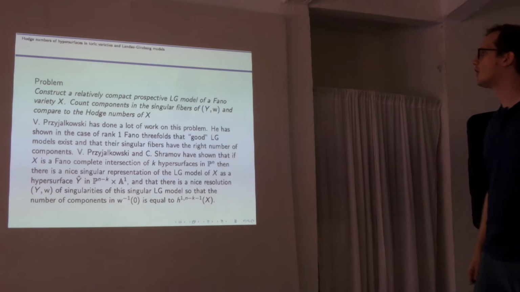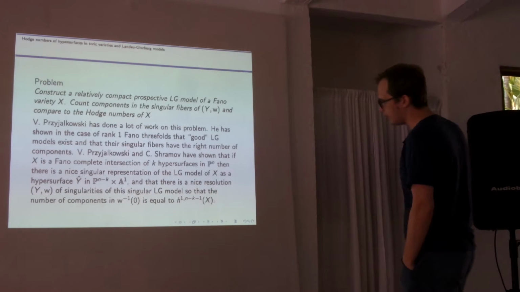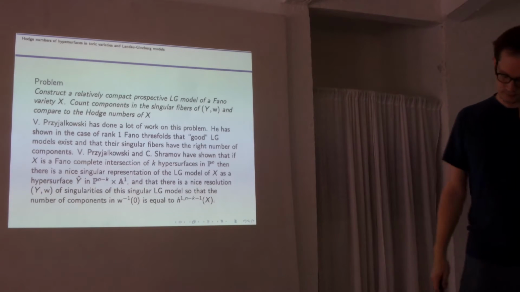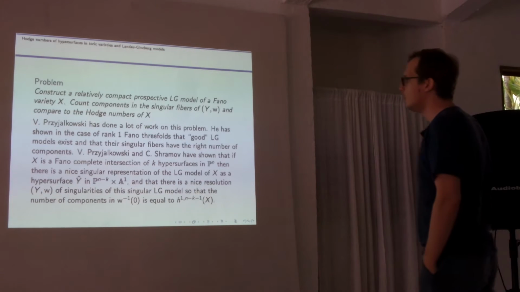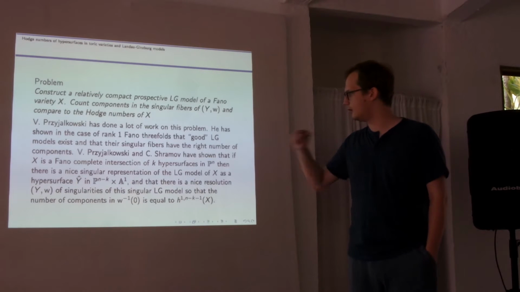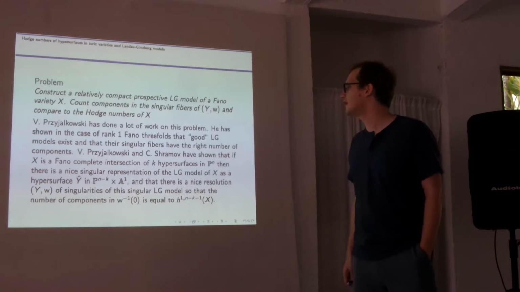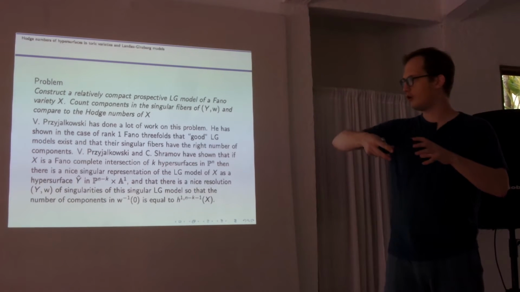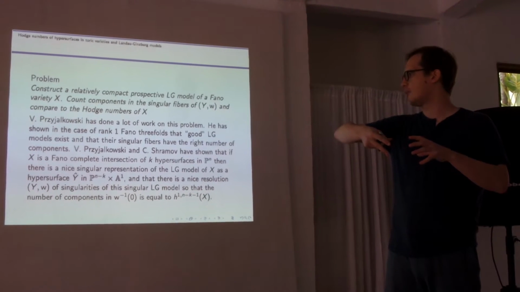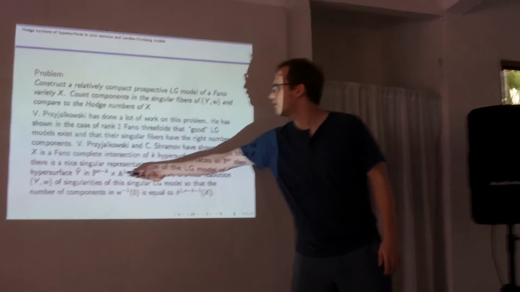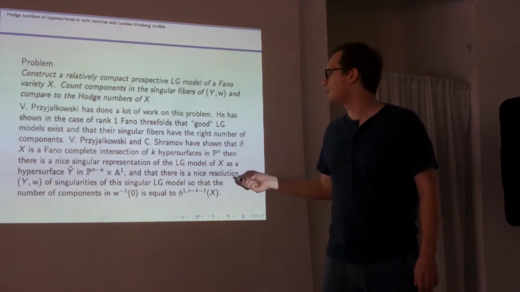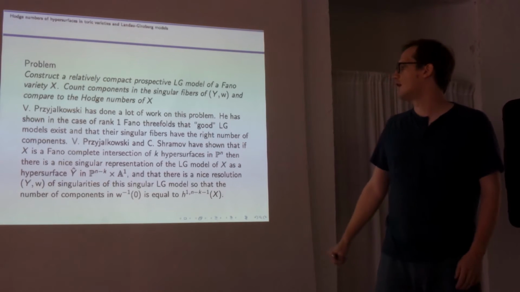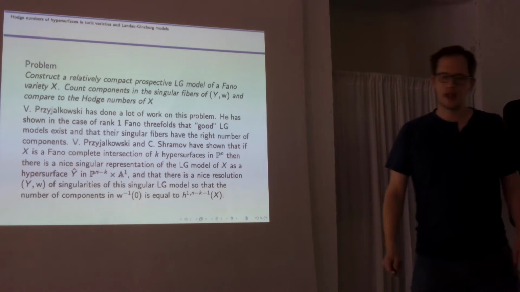In subsequent work, Victor and Konstantin Shramov have shown that if X is a complete intersection of k hypersurfaces in Pn, then they do the same thing. They take a nice Laurent polynomial, they compactify it to a hypersurface in here, so that the map W is just a projection onto A1, and then they resolve singularities of this thing and count the number of components.